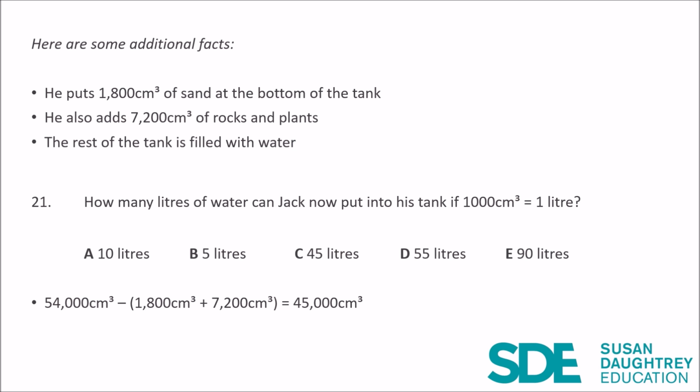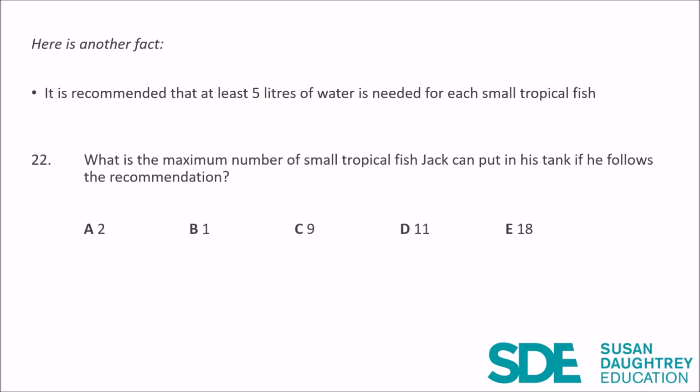So we add those 2 together, we take it away from the 54,000 cubic centimetres, and we're told that he has room to put in 45,000 cubic centimetres of water. 45,000 cubic centimetres of water is 45 litres, because 1,000 cubic centimetres equals 1 litre. So my answer there would be C.